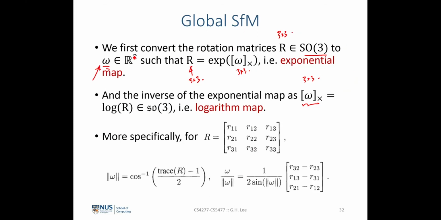omega, where omega is just a vector of 3, so that we can actually do an optimization over the three parameters over here. So in other words, what we can do over here is simply compute the logarithmic map given Rij, for example. We want to compute the logarithmic map and convert it into omega.